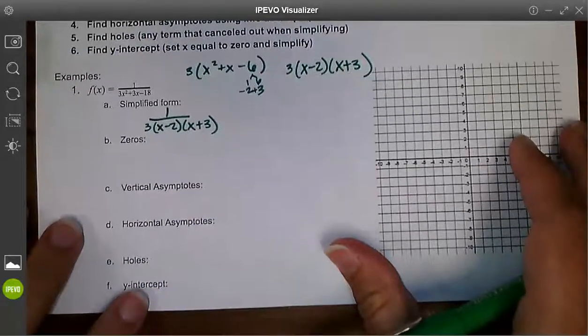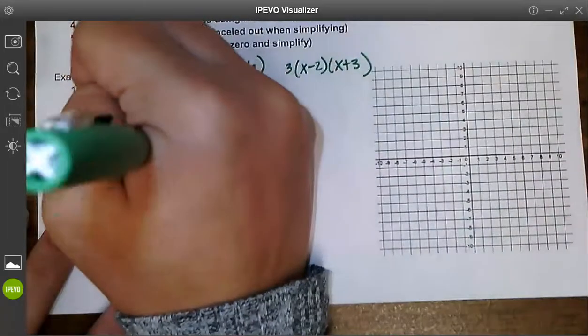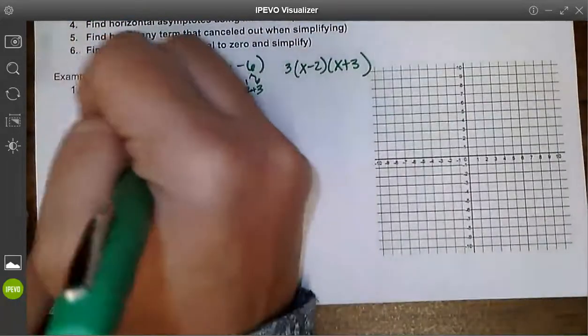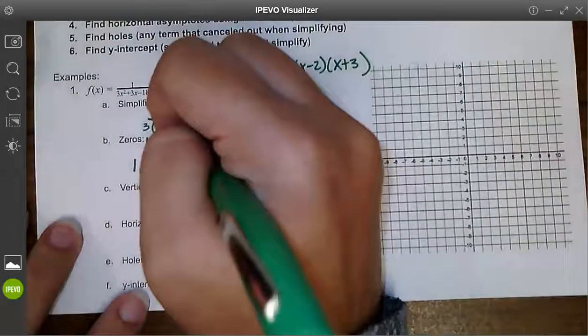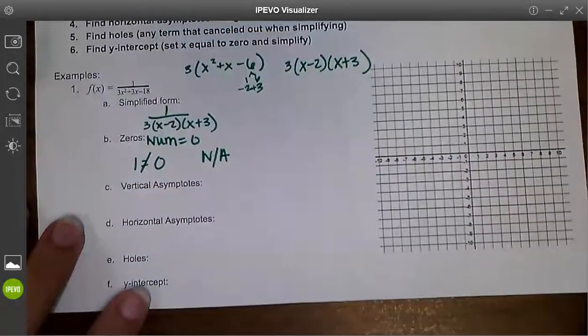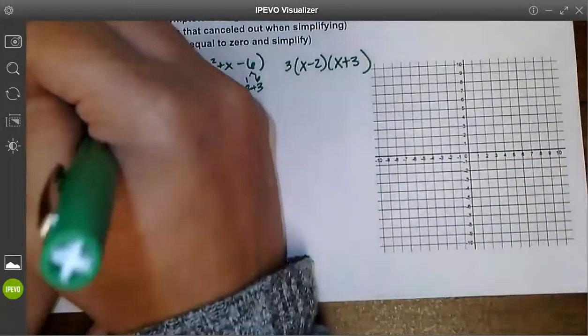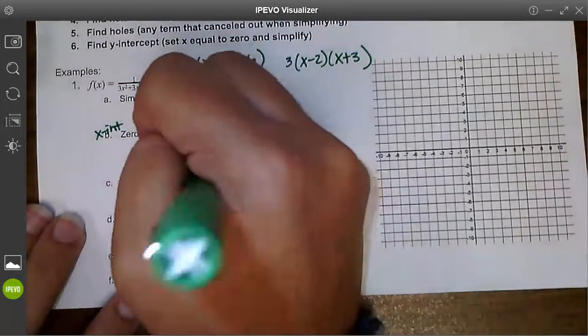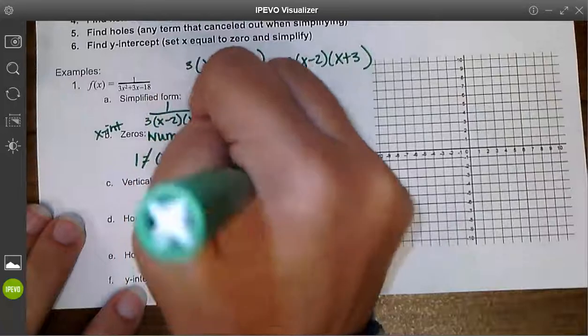Your zeros. This is what happens when your numerator equals 0. Well, my numerator is 1. 1 never equals 0, so there are no zeros. These are x-intercepts, roots, things like that. Vertical asymptotes happen when your denominator equals 0.